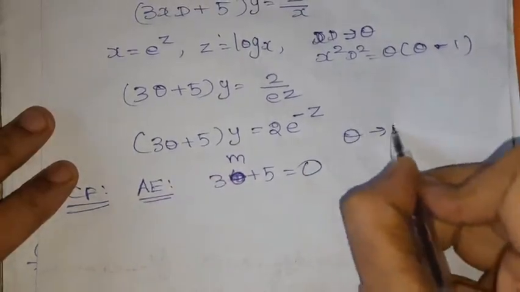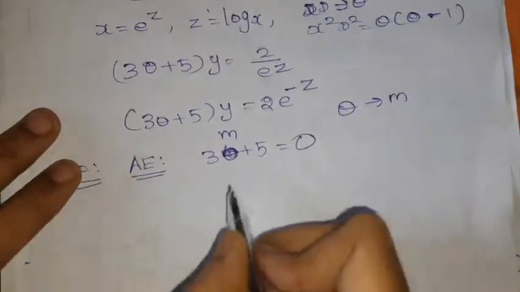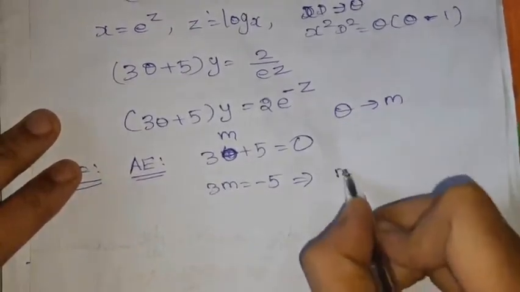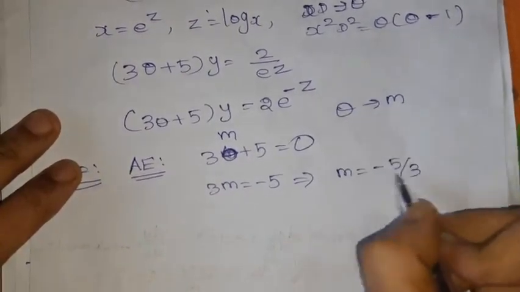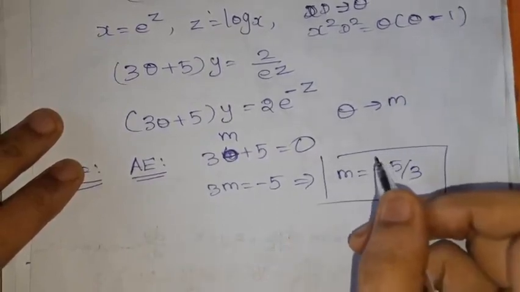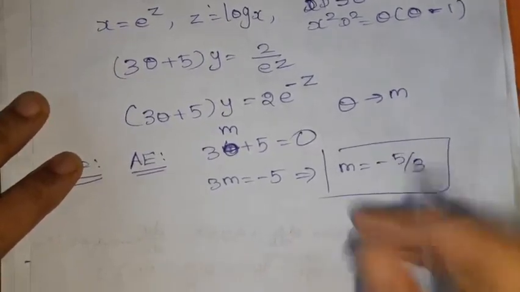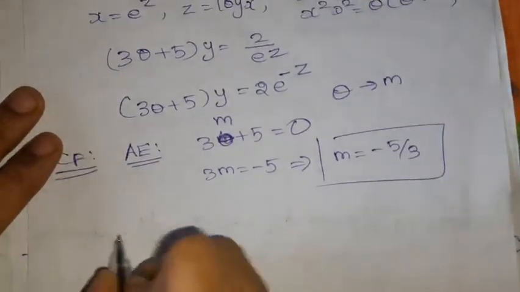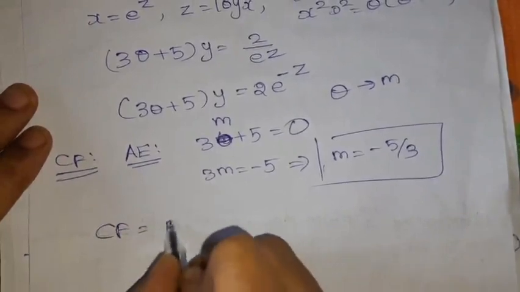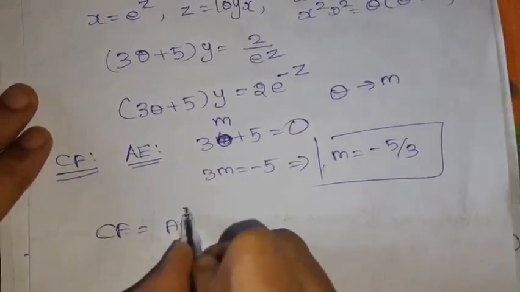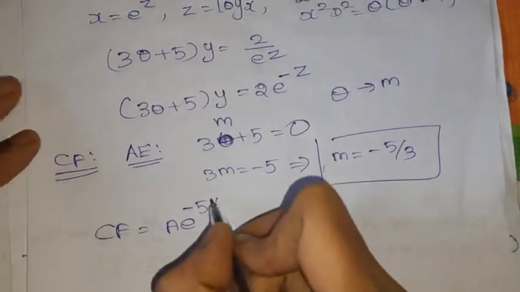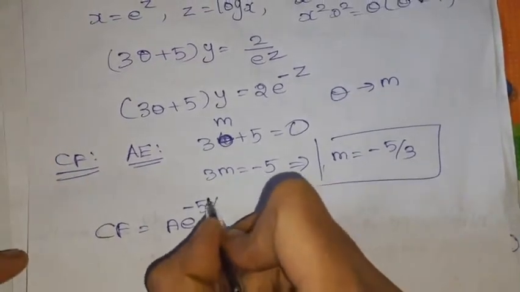Replacing theta by m, 3m equal to minus 5. What is m then? m equal to minus 5 by 3. So we have found the roots. So what is the complementary function? With a as some constant, complementary function CF equal to a e power minus 5z by 3.